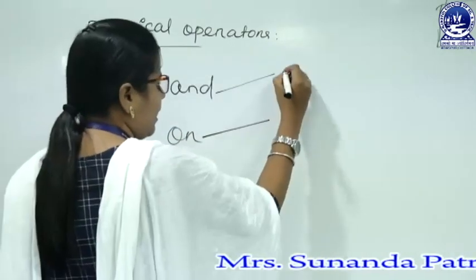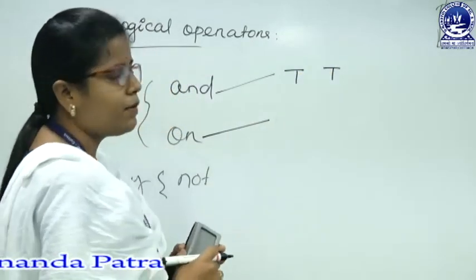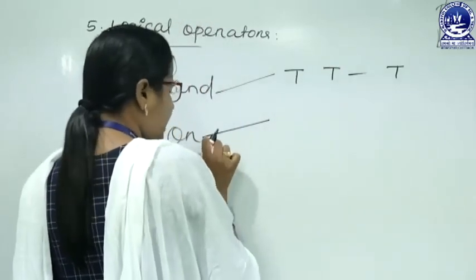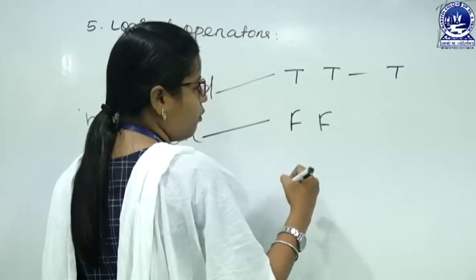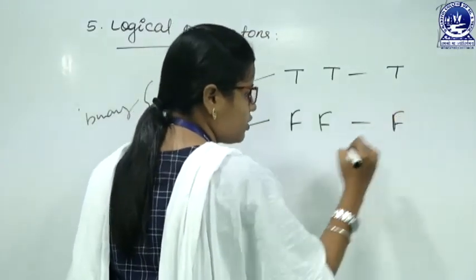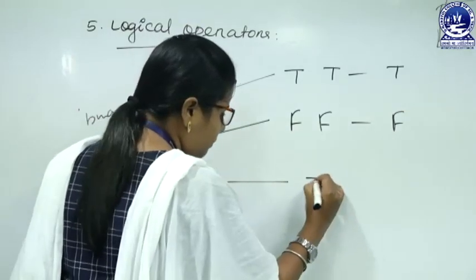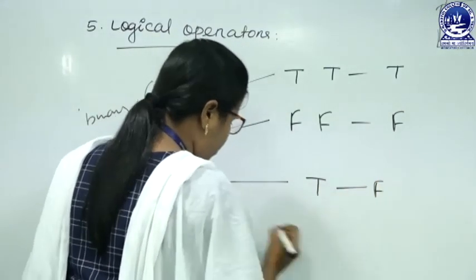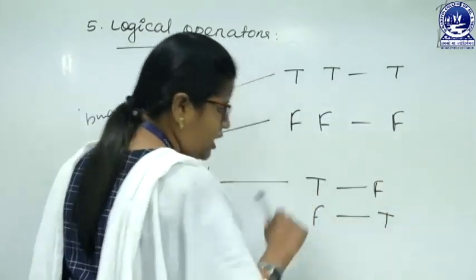In case of AND, if both the simple comparison statements are true, then the answer will be true. In case of OR, if both the comparison statements are false, then the answer is false, otherwise true. Next, in case of NOT, if the statement is true, then it will give me false, and if the statement is false, then it will give me true.